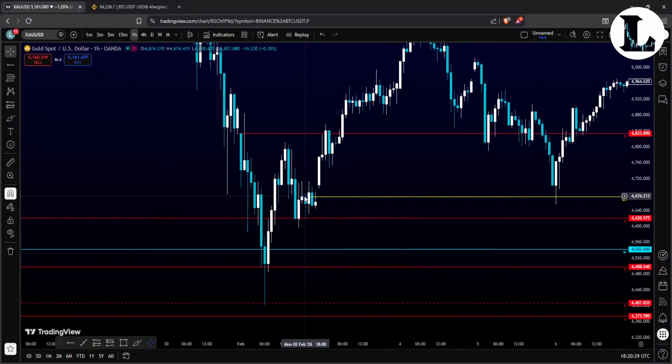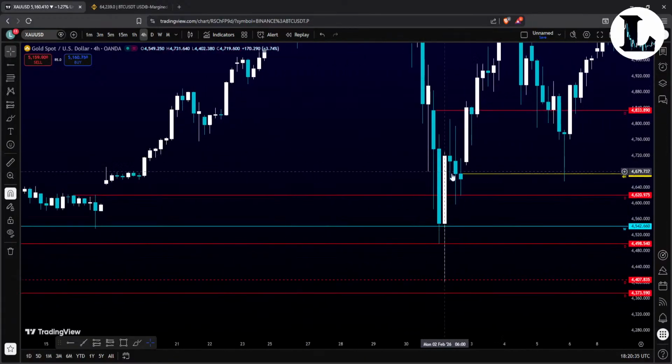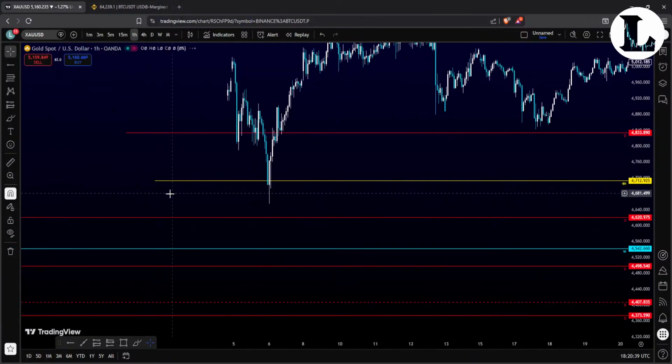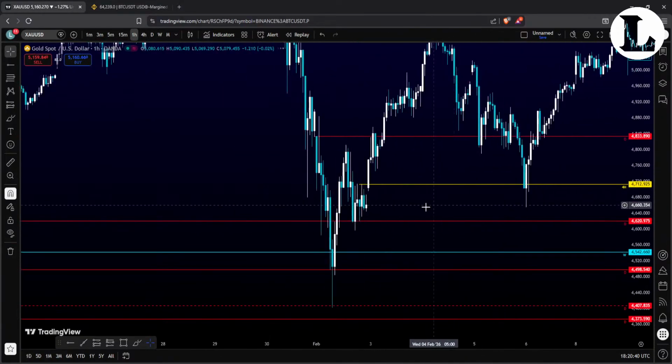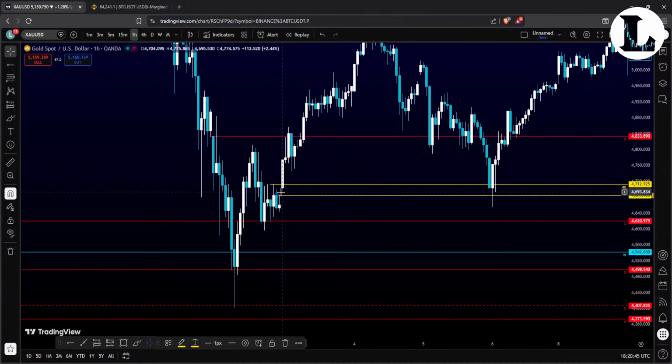Okay, so I marked the body. I'm going to mark the wick, honestly, because it's going to be easier for you guys to understand. I already know which one the price held here. It was this one: blue candle followed by 2 white candles, and we have a big support.